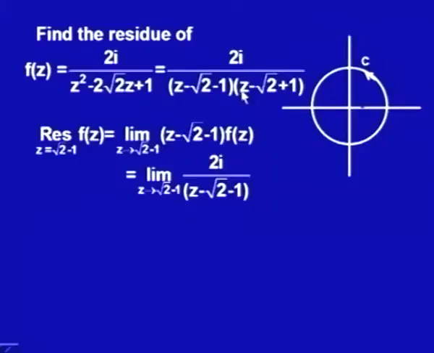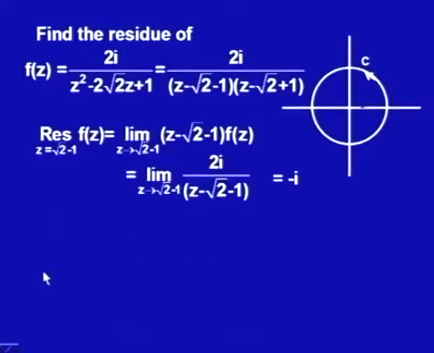From here this portion would cancel out, and we would get 2i upon z − (√2 + 1), limit as z approaches √2 − 1. To calculate this limit, we simply evaluate at z = √2 − 1. Writing z = √2 − 1 here, √2 and minus √2 cancel out, and minus 1 and minus 1 give minus 2. So, I would get it as minus i.